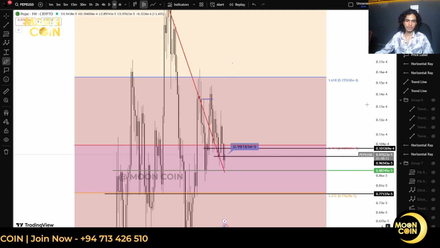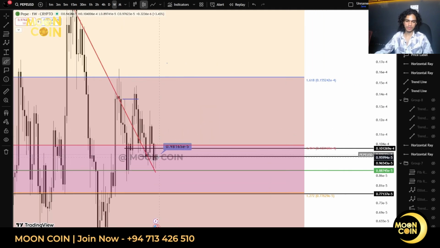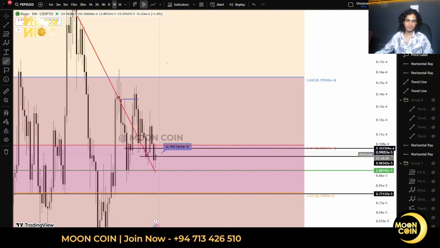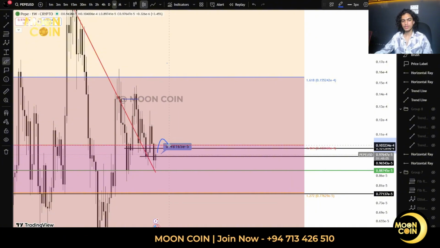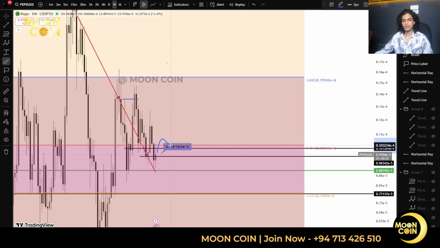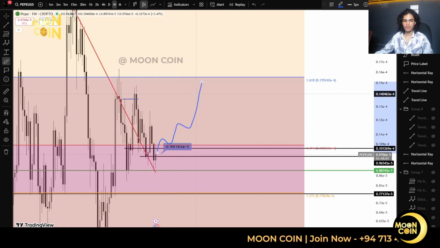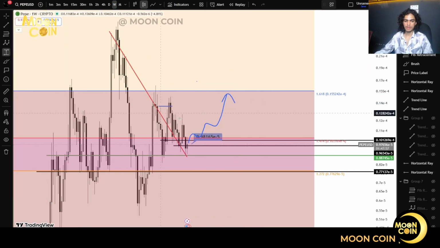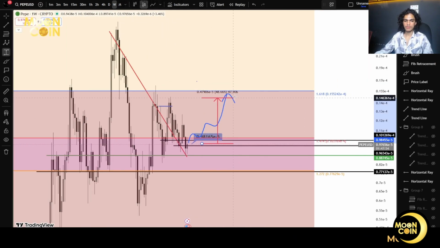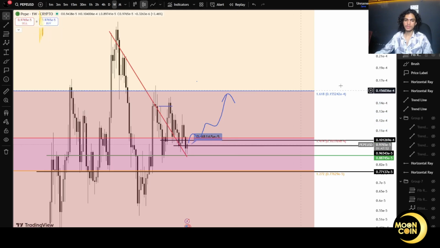You can add some portions also. Add to your position as well. And yeah, you can hold the trade with confirmation. So if we hold, then we can shoot to this 1.618 fib level. So that's a solid gain of 57% without leverage.